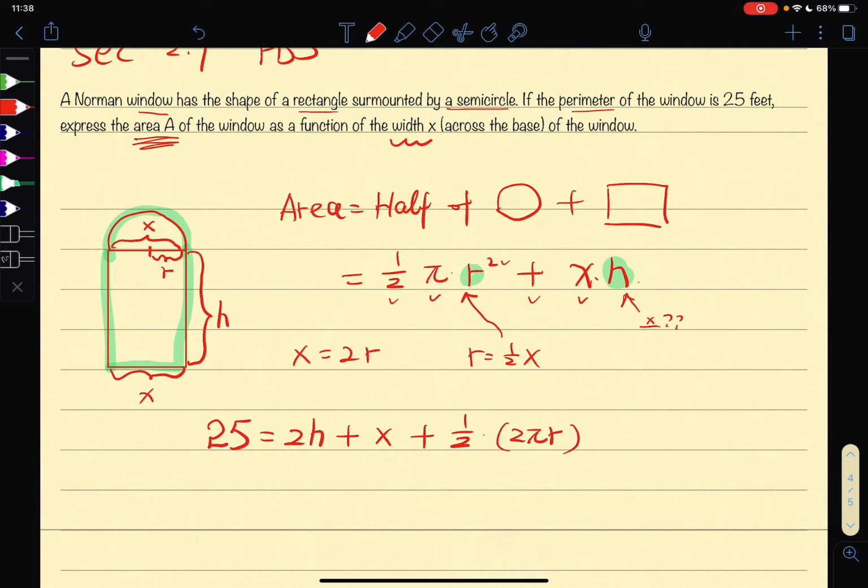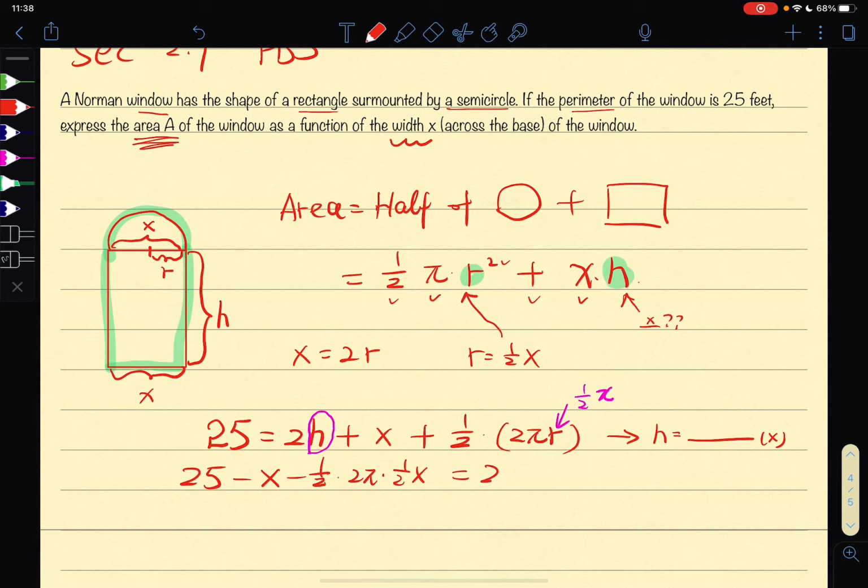So your goal is to get h to stand by itself with only x on the other side. I'm not happy with having the r here, but I can simplify it into 1/2 of x. So all I need to do is isolate h. I'm going to move everything else to the other side. It's 1/2, 2 pi, 1/2 x, and then you have 2h left.